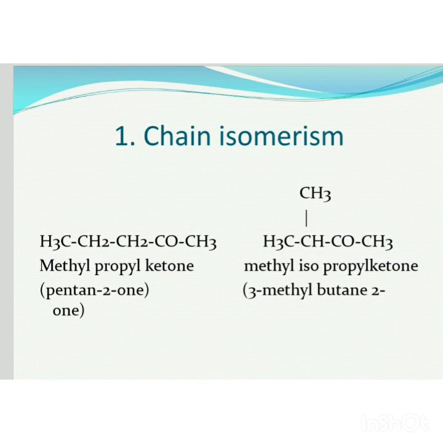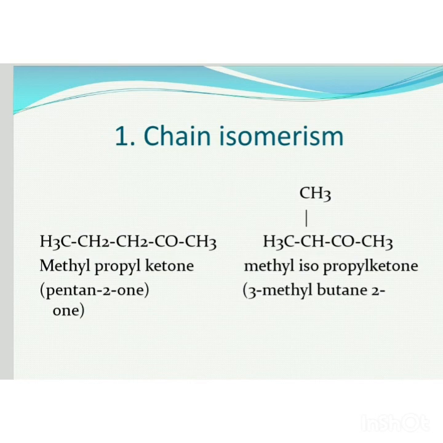So methyl propyl ketone is pentan-2-one and methyl isopropyl ketone is 3-methylbutan-2-one. These are the examples for chain isomerism, and these are called chain isomers.